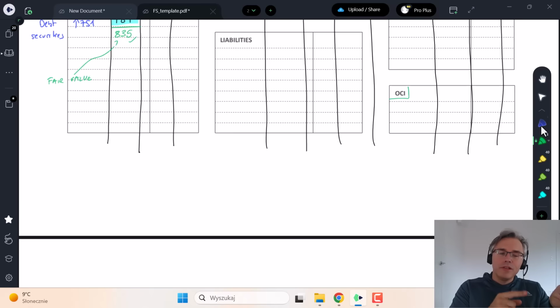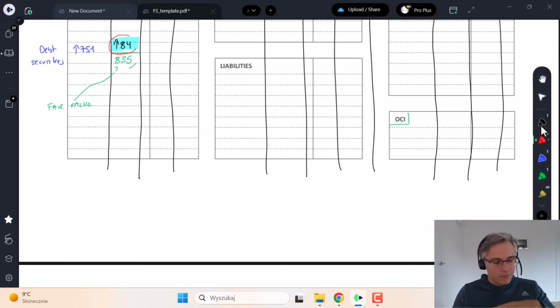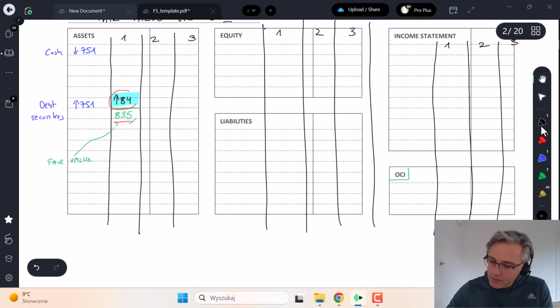We're going to utilize this segment, but it would be wrong to think that the whole change in the value of the asset from its initial 751 to the current 835, that whole 84 goes to OCI. Absolutely not. And your book does make this comment as well and shows it as well.